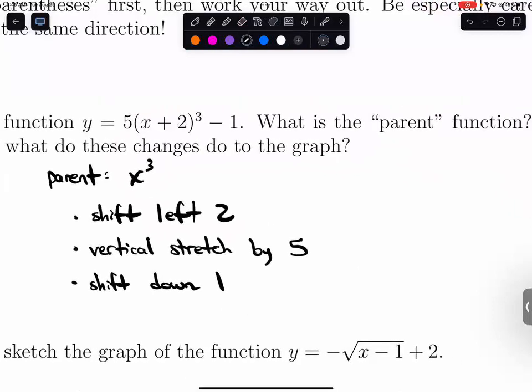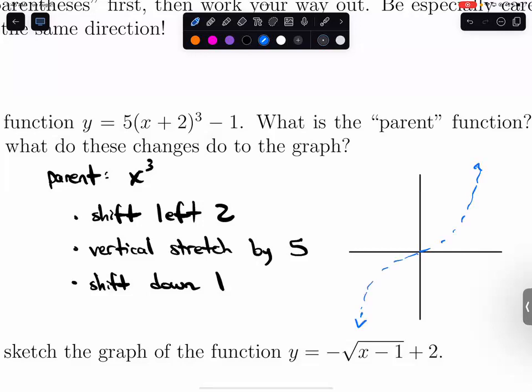Okay. What does that look like? Let's say there's the original, classic flavor, x cubed. We need to move left 2.